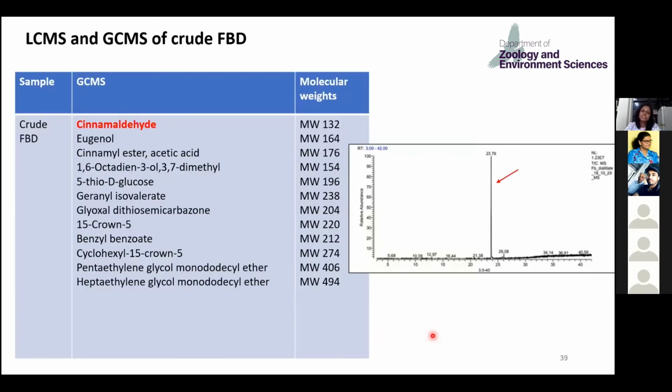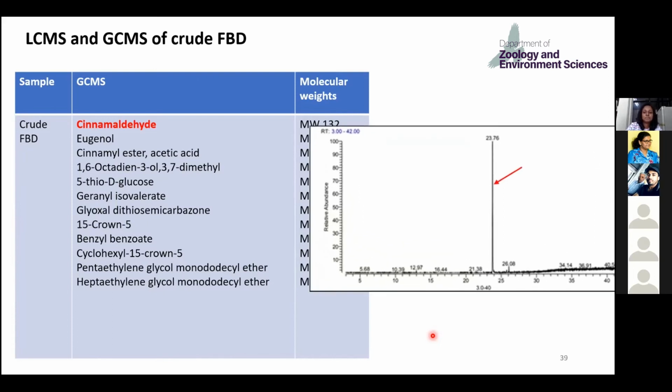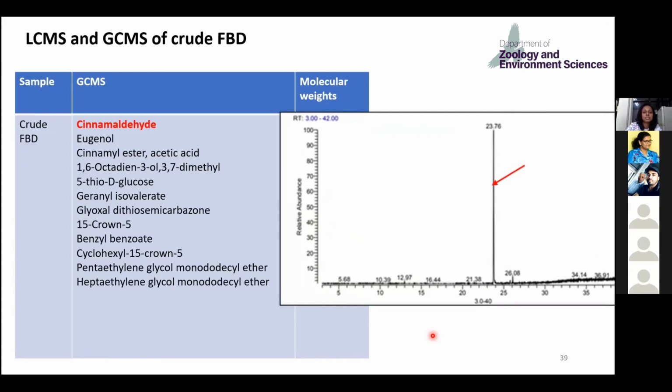Because we got beneficial, positive results with our distillate, we went for chemical characterization. With the GCMS result, we found that cinnamaldehyde accounted for more than 93% of the distillate, and eugenol accounted for around 3%.